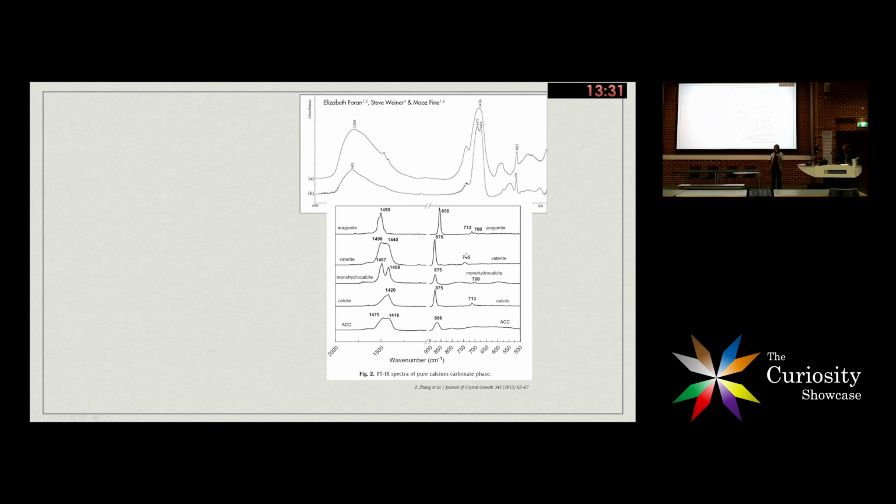So for example, by looking at this low 700 region in combination with the 800 region of the infrared spectrum of the calcium carbonate that you form, you can tell whether you've got amorphous calcium carbonate, calcite, vaterite or aragonite. So you can use that information to your advantage.